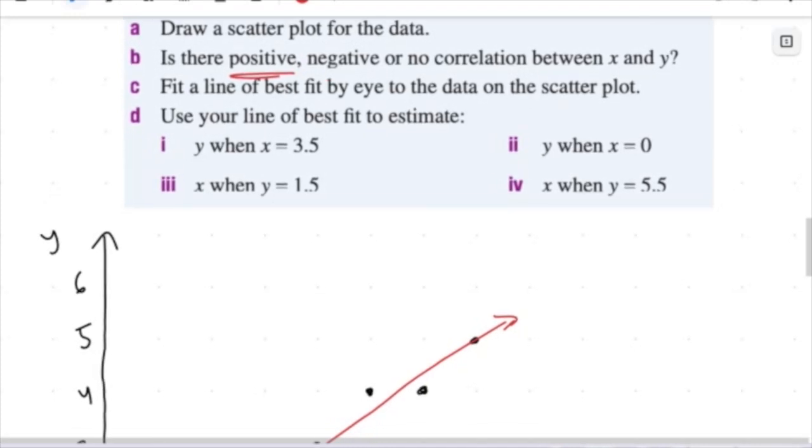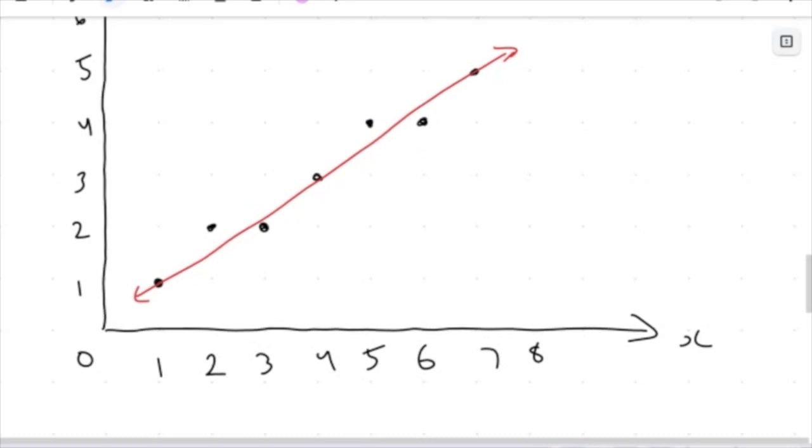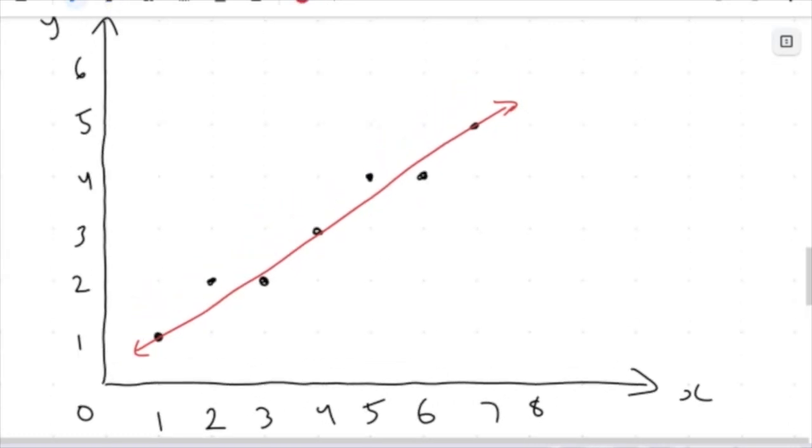So the first one is we want to find y when x is 3.5. So what we want to do is locate 3.5 over here, which I guess is roughly here. And we want to draw it up to our line of best fit. And then from here, we have a point, and we're going to use this to find an approximate y value.